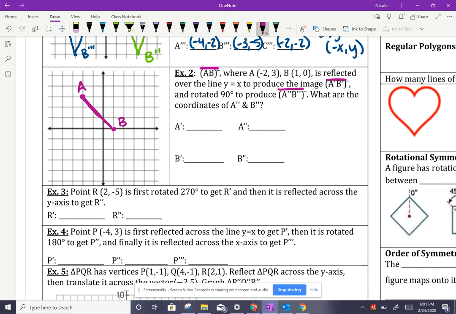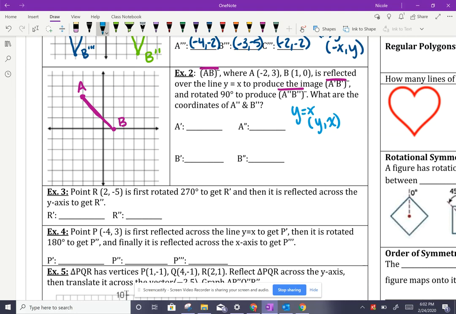So next I am going to look at my transformations. It says first it is reflected over the line y equals x. When we reflect over the line y equals x, that means our x and y change places. So I'm going to swap the positions for my first image.